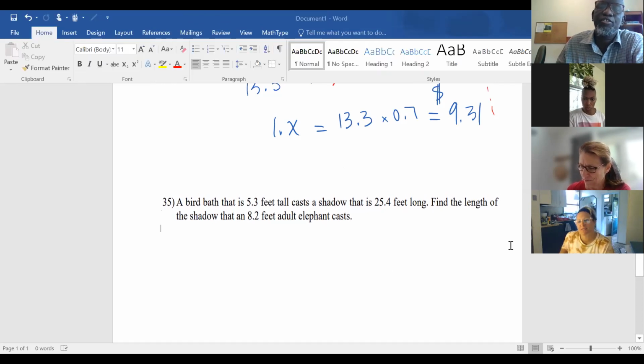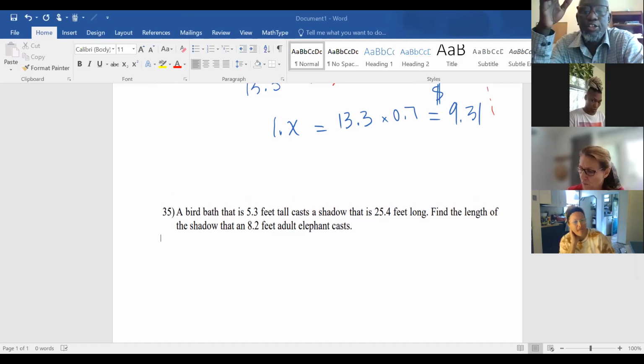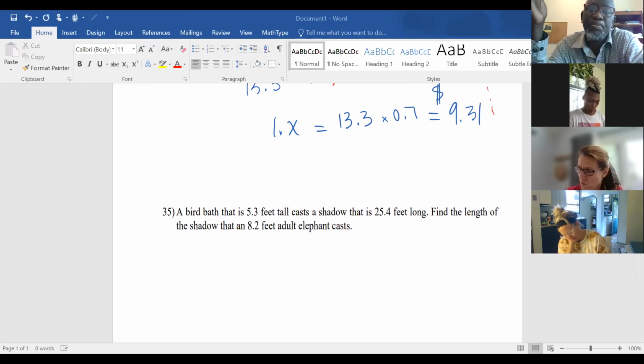You know, if you know how tall you are and you measure your shadow, you can calculate what the shadow of somebody else is going to be if you are at the same spot.